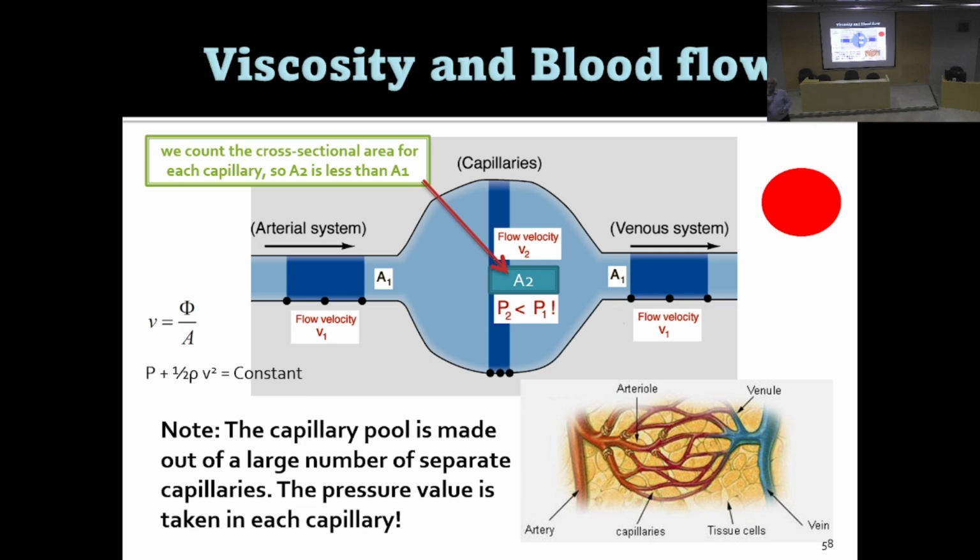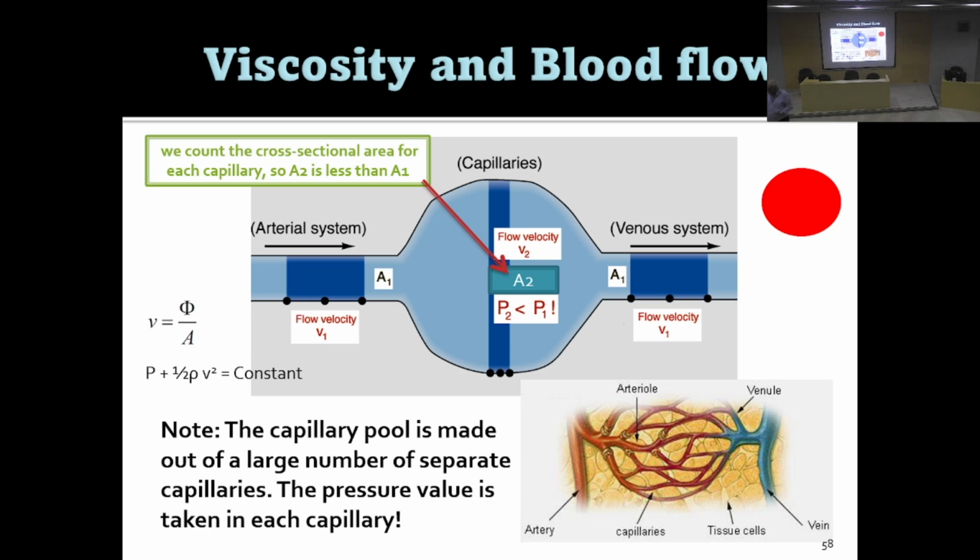If I find out in one vessel, say in the artery, this is the cross section and that is the velocity, and then in the capillary, that is the cross section of the capillary and the velocity in the capillaries. But the capillaries are not one, it's a number n.